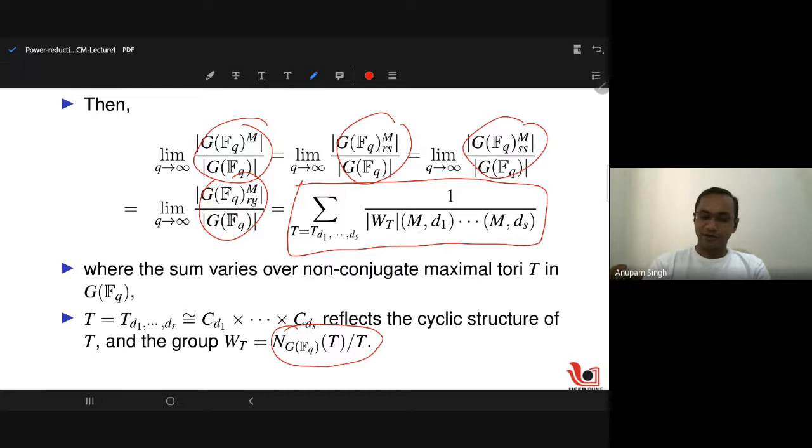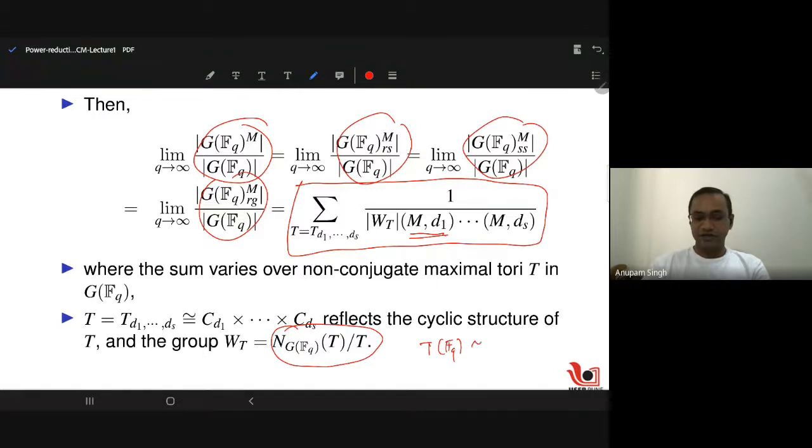What is (m, d1)? This is supposed to be the GCD of m and d1. M we know, m is given to us. What is this d1, d2, ds? We are working with this maximal torus T. This maximal torus T is something over F_q, so it's something finite.